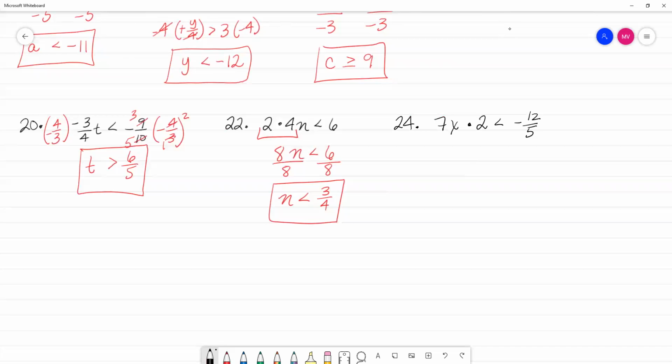You just multiply the 2 times the coefficient 7. 2 times 7 is 14. So we have 14x is less than -12/5. And then what do we do to isolate our variable? Yep, we divide both sides.